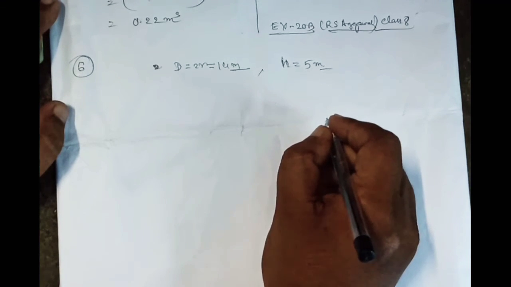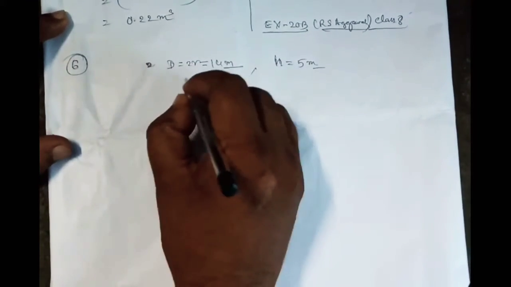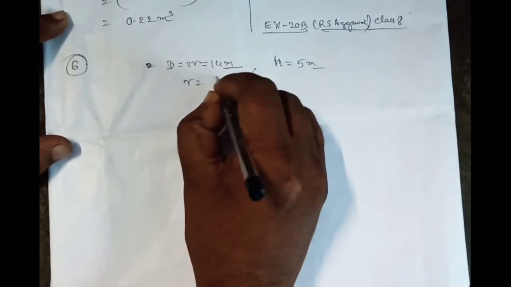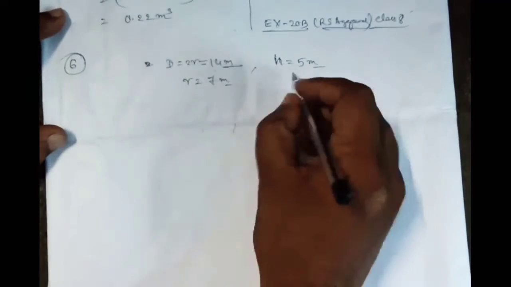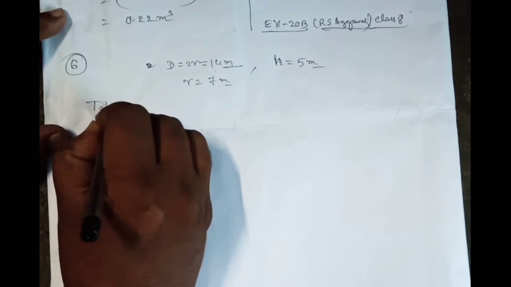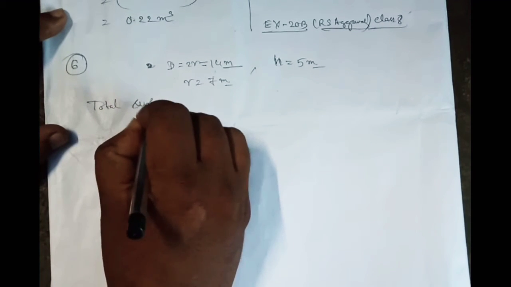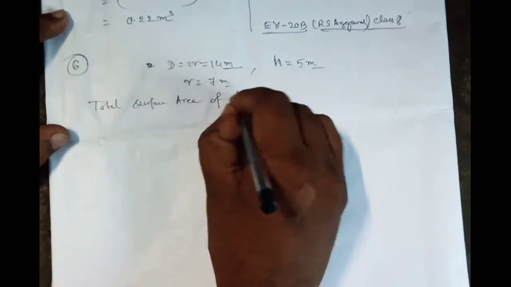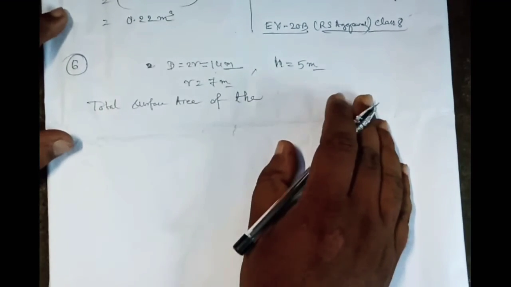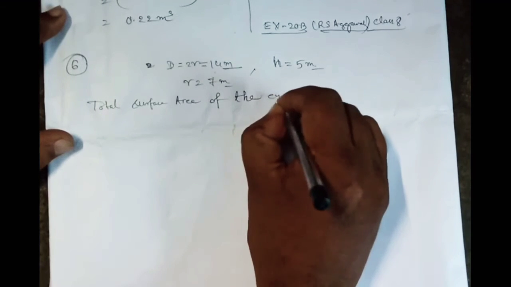So this is a closed cylinder. Since it's closed, r is equal to 14 by 2, that means 7 meter, h is equal to 5 meter. So we have to find the total surface area of the cylindrical tank.